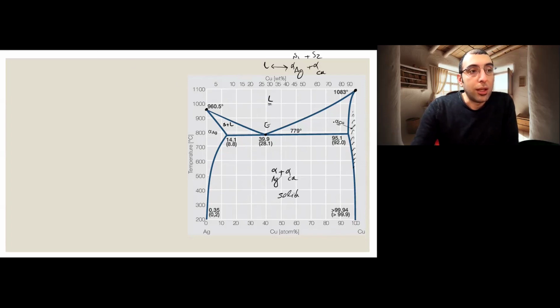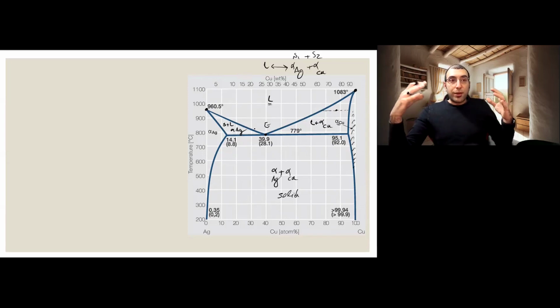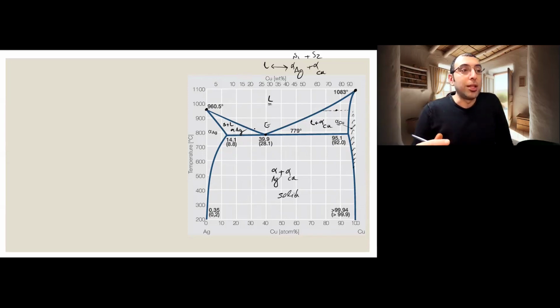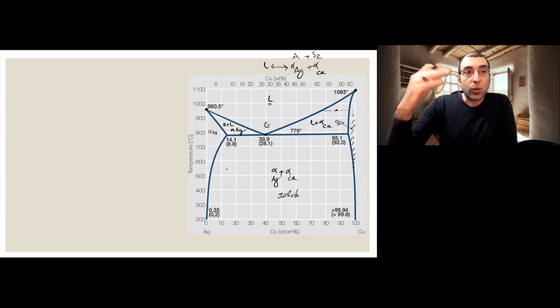And also in here, if, for example, you are at this point, you are crossing the alpha copper region and also the liquid region. So this is liquid plus alpha copper, which is just a solid, okay? And our solid here is also alpha silver. So these are the phase identifications and naming that we can come up with, so we know what we're dealing with.